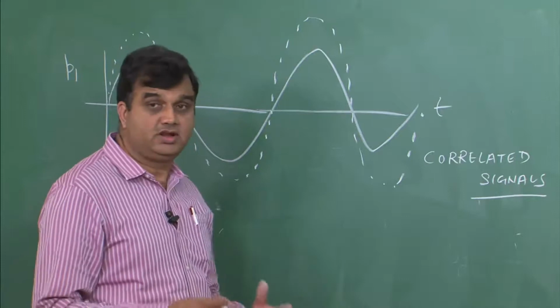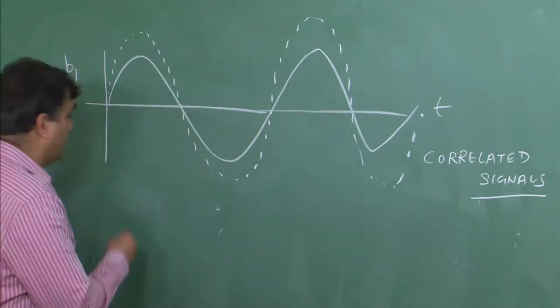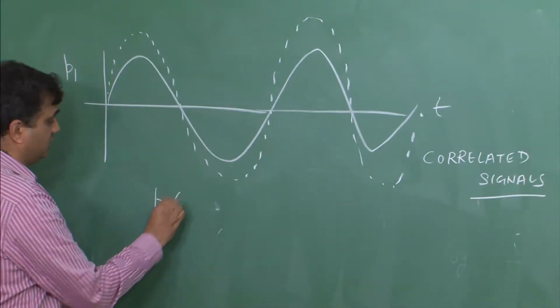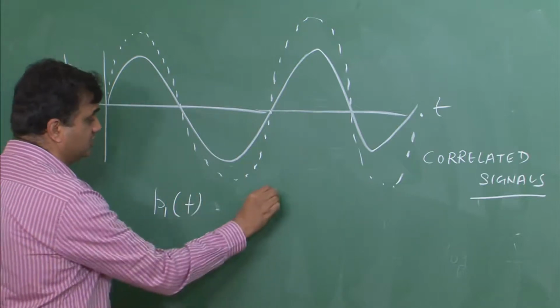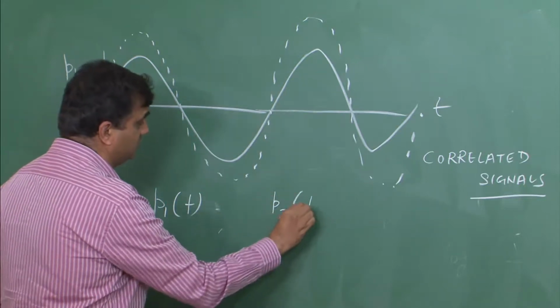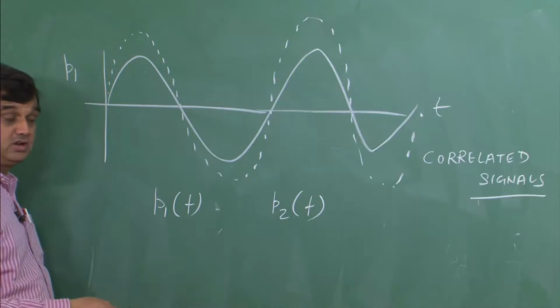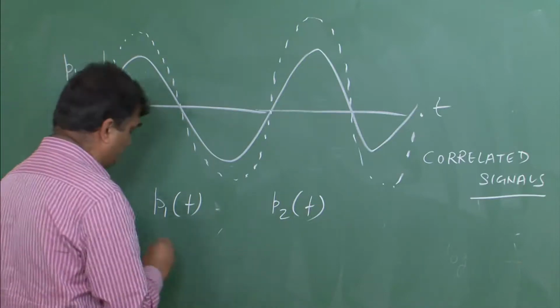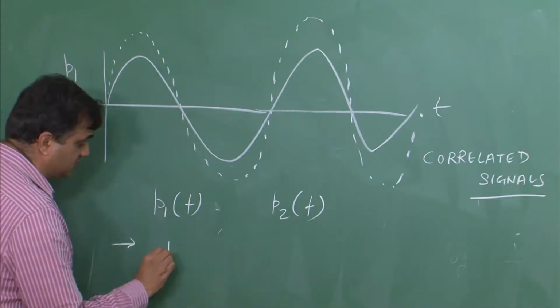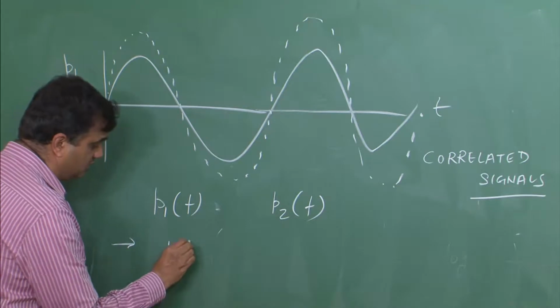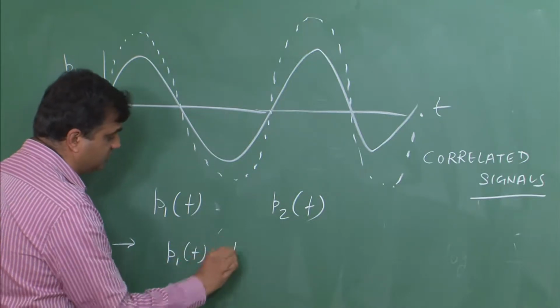If there are two correlated signals, and the pressure due to one is P1(t) and the pressure due to the other one is P2(t), then the overall pressure I can calculate by adding up the individual pressures, P1(t) plus P2(t).